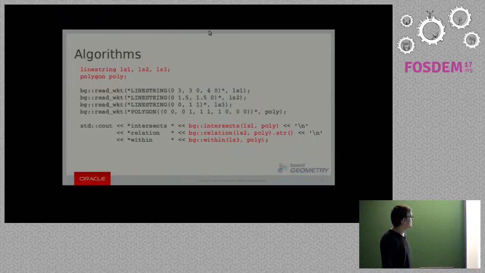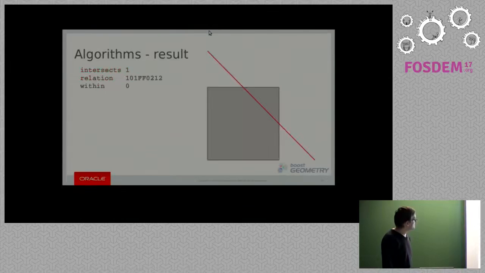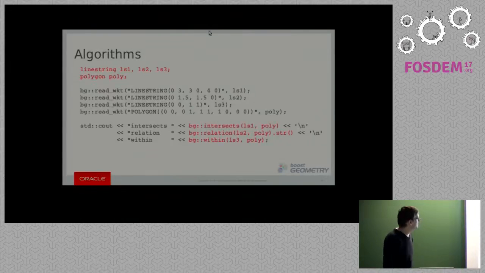I'm checking the intersection of a line string and line strings and polygon. Actually, this is probably not... Yeah, the example is not correct. Sorry.